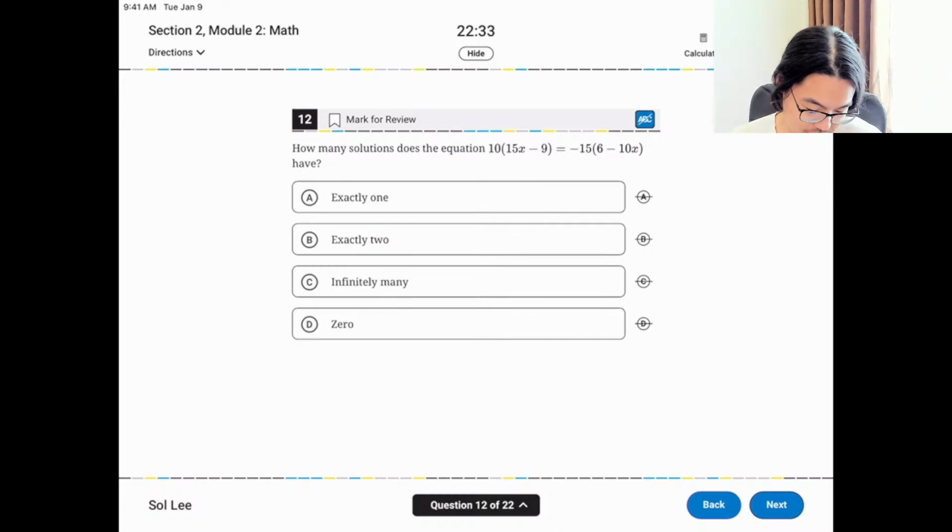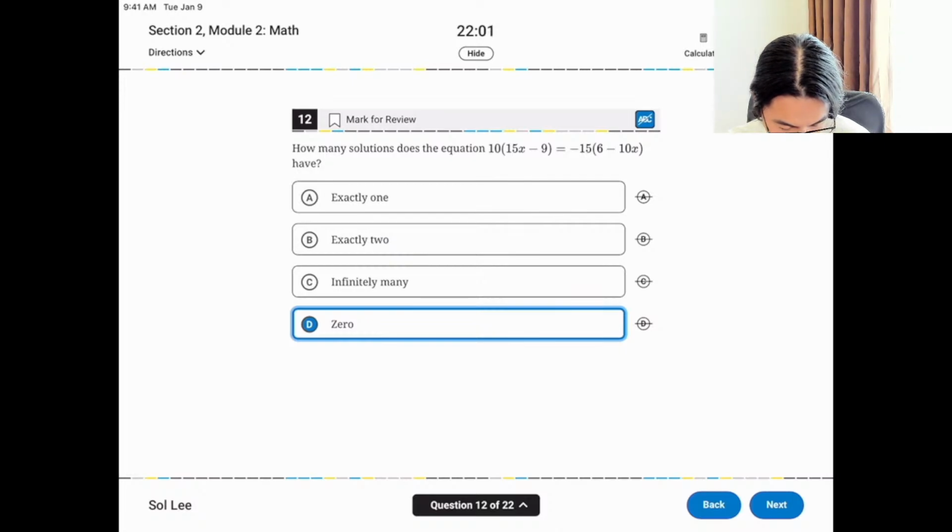Rough, man, rough. How many solutions does the equation have? Well, they're linear and they have the same slope of 150x, 150x on the left side, 150x on the right side.